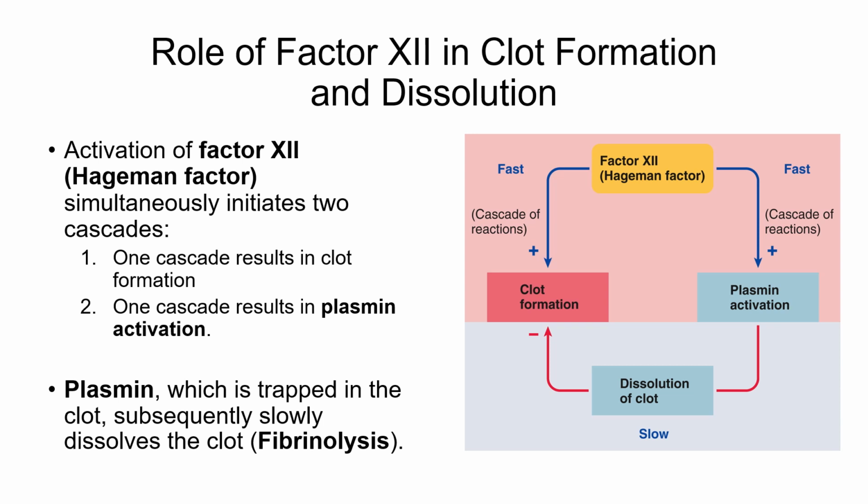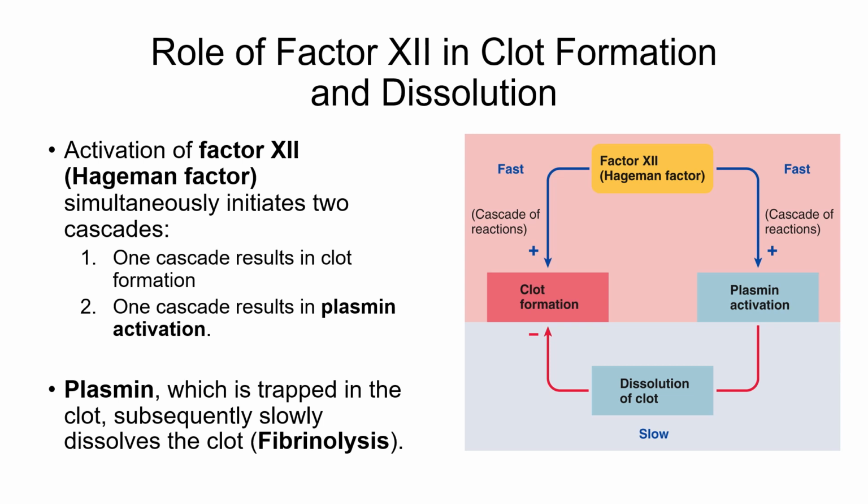So how do we get rid of the clot? Factor 12, remember that's the Hageman factor in the intrinsic pathway, also stimulates the breakdown of the clot. It activates the formation of it and initiates the breakdown of it, or the dissolution of the clot.